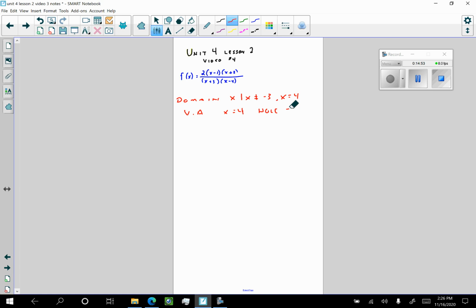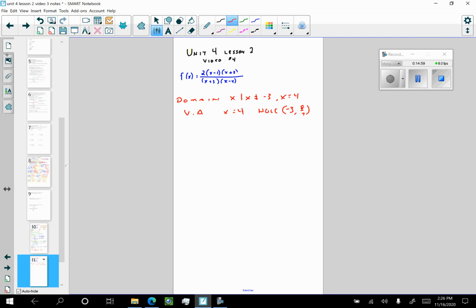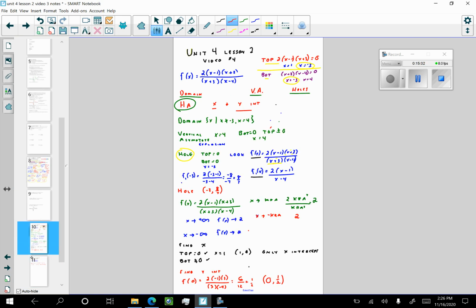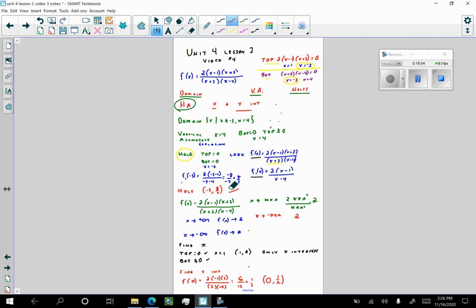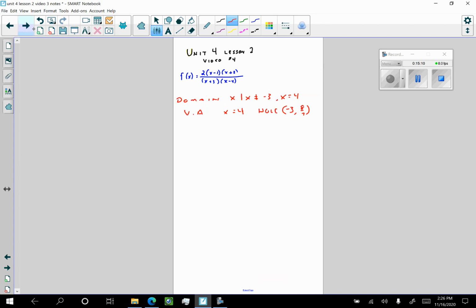That hole was at negative 3, 8/7. Go back here, I'm looking at that hole. Like here's the hole back there. Next thing I found was the end behavior. The end behavior, the horizontal asymptote. Keep this in red, big dog. Horizontal asymptote, y equals 2.